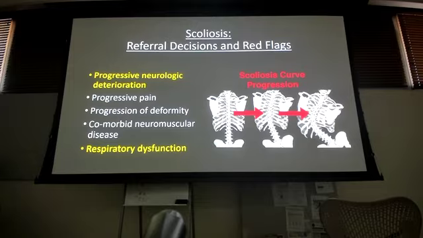So, when you're talking about referral decisions, keep it simple, right? You've been watching it for a while, but now they start developing neurologic deterioration, refer them, okay? Progressive pain, something you can't manage, you refer them, okay? Progression of deformity, again, that's kind of the whole point, that's why you're watching them, right? If they have comorbid neuromuscular disease, have you guys talked about Ehlers-Danlos syndrome or Marfan syndrome or any of that stuff yet?